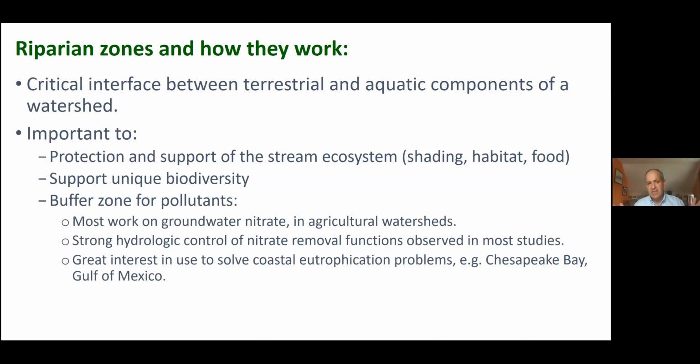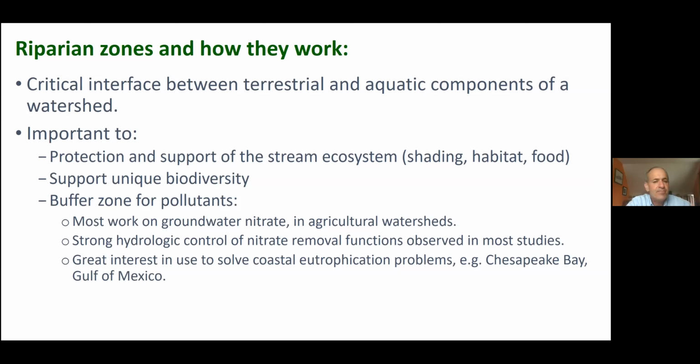Again, this kind of summarizes what Emily made the point of, that riparian zones are just a cool place in the landscape. They're this critical interface between the land and the water. Because they sit in this unique spot in the landscape, they have unique soil conditions, unique vegetation conditions, unique hydrologic conditions. And because of those conditions, they are important to many things.